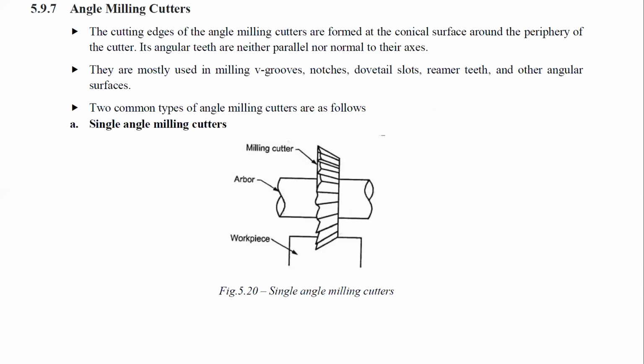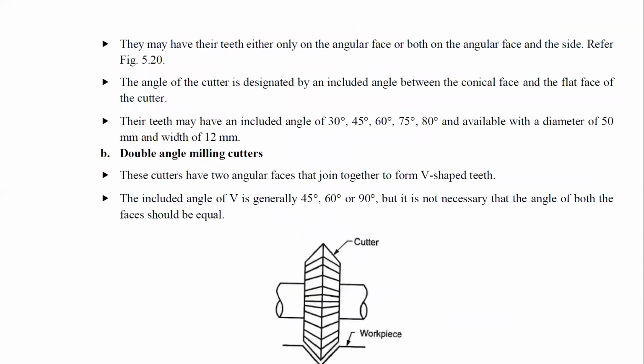Two common types of angle milling cutter are single angle milling cutter and double angle milling cutter. They may have their teeth either only on the angular face or both on the angular face and the side.